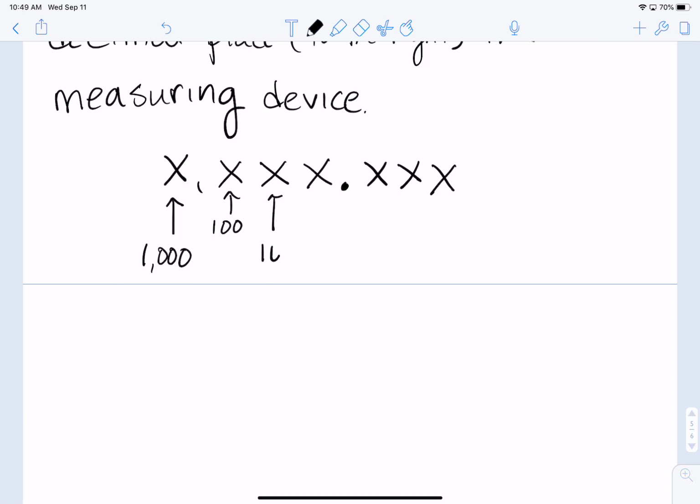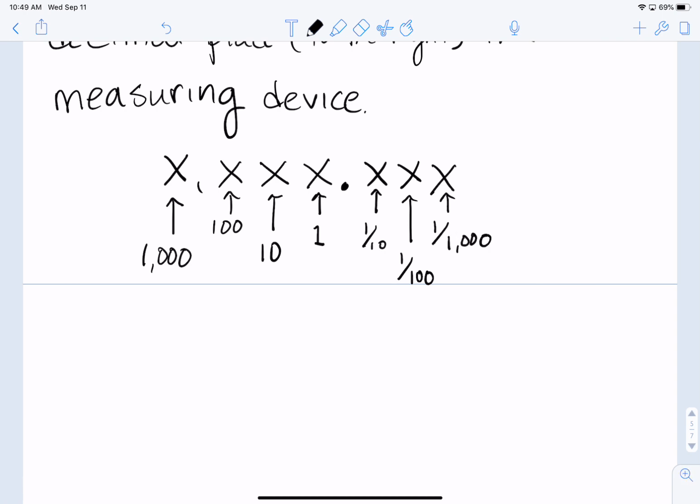This measures the tens place. This is what we call the ones place. This is 1/10, so we call it the tenths place, but honestly the TH at the end is a little cumbersome to say, so I usually say the first decimal place, second decimal place, third decimal place. But in fact, this is 1/100th, and this is 1/1000th, and we could keep going, but we won't for now.